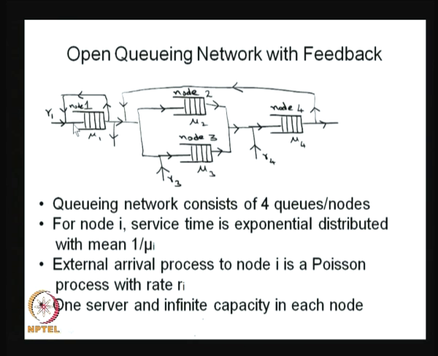Therefore, the total or actual arrival stream into node 1 is different from R_1. So, that we are going to calculate later.